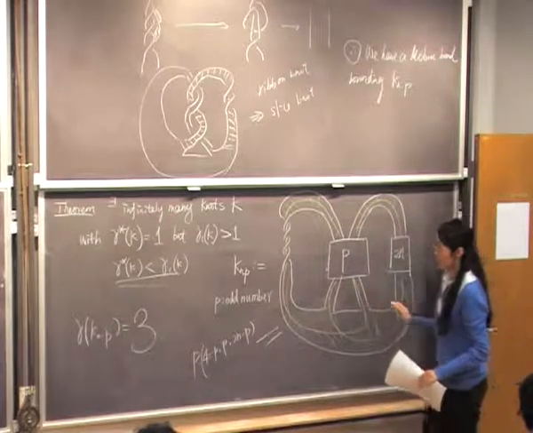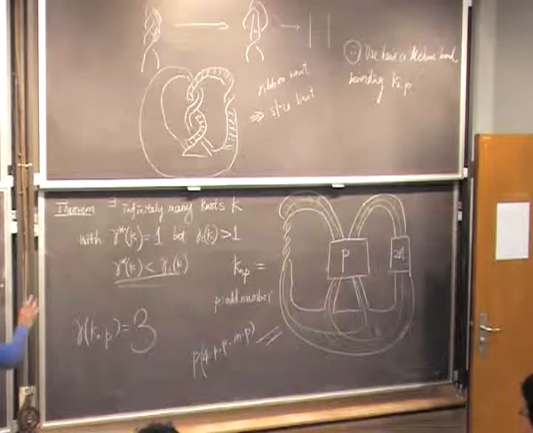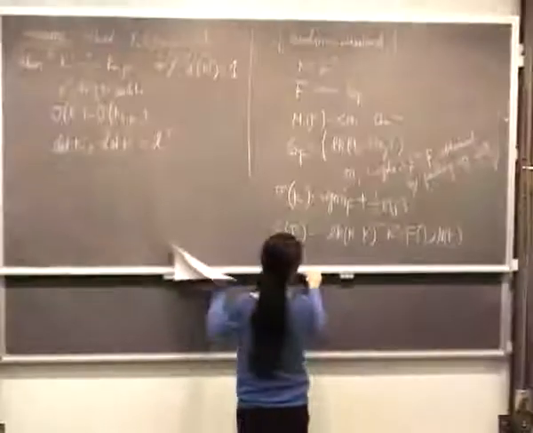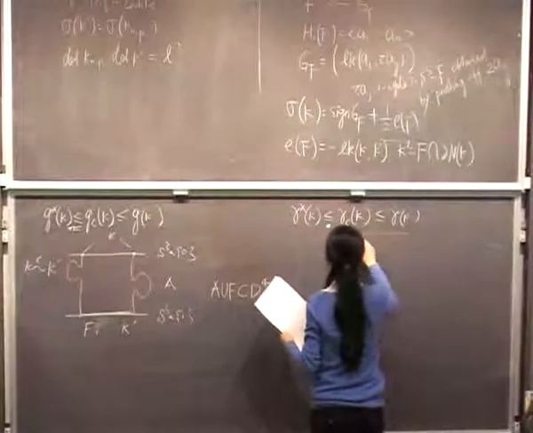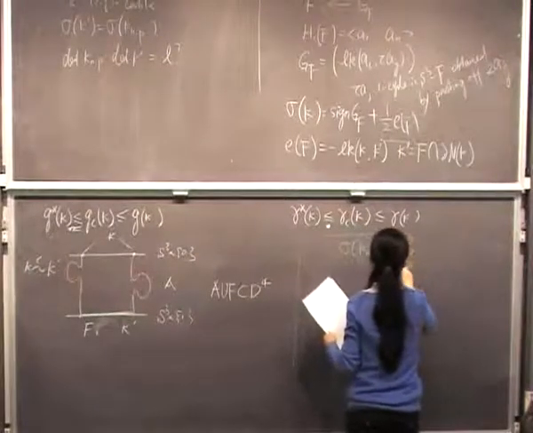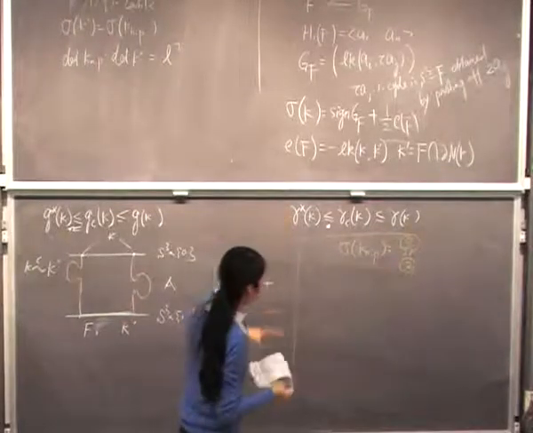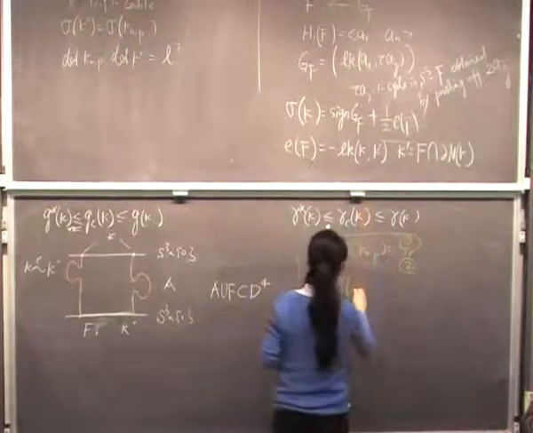And so we know that sigma of K_{n,p} is 0 or 2. And on the other hand, we know that K prime is a 2q cable knot, and we can calculate by using the Gordon-Litherland lemma.